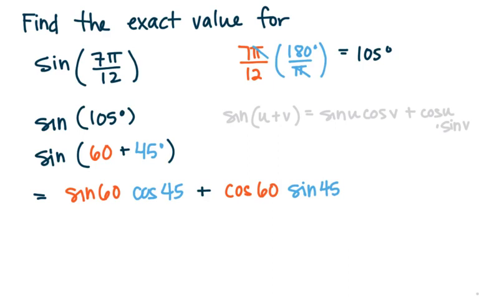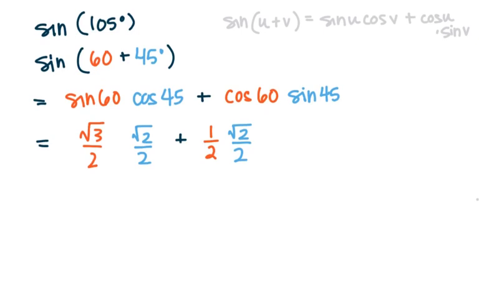So we know these values. Sine of 60 degrees is root 3 over 2. Cosine of 45 is root 2 over 2, plus cosine of 60, 1/2, times sine of 45, which is root 2 over 2. So we can simplify this a little bit further.